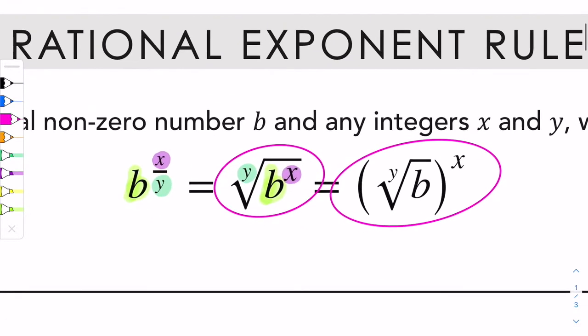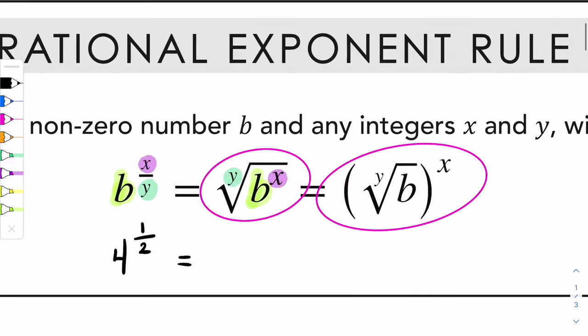If I gave you a basic example, just to put numbers to this form here, let's do 4 raised to the power of 1 over 2, 4 raised to the power of 1/2. Based on this rule above, I can rewrite this knowing that my base is going to go underneath my symbol.